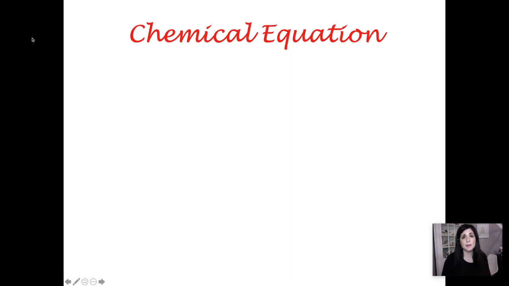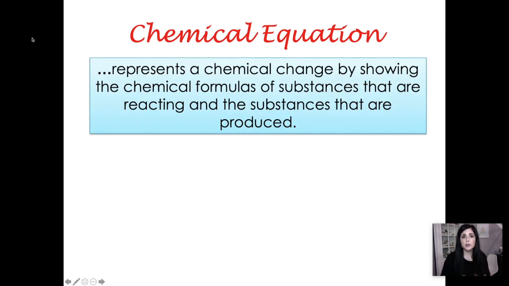Let's talk about what chemical equations are just to start off. So a chemical equation, of course, represents a chemical change by showing the chemical formulas of substances that are reacting and the substances that are produced.